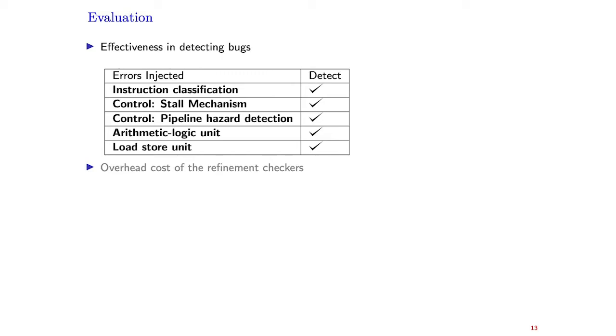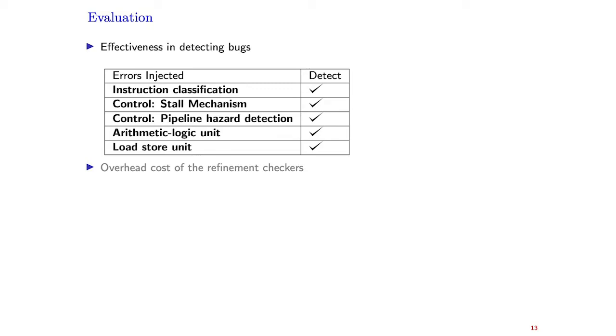So very briefly, I introduced mutations of various kinds. Suppose there's a bug in the decoder part. There's some problem with the stall mechanism in the control logic. There are some pipeline hazards, or the arithmetic unit is, let's say, instead of addition, in the worst case, it's doing subtraction.